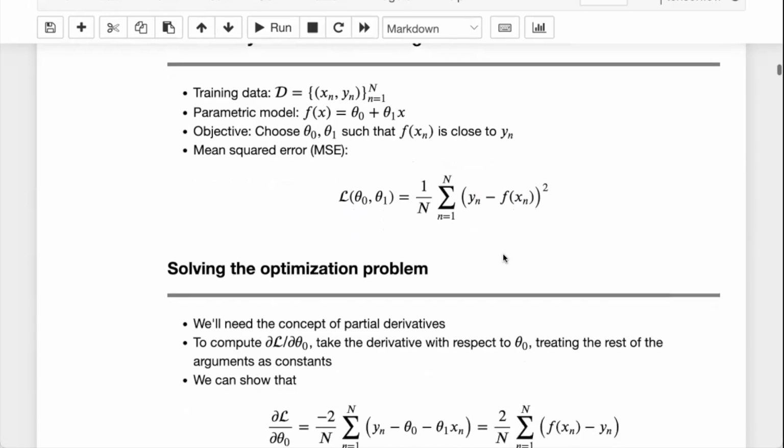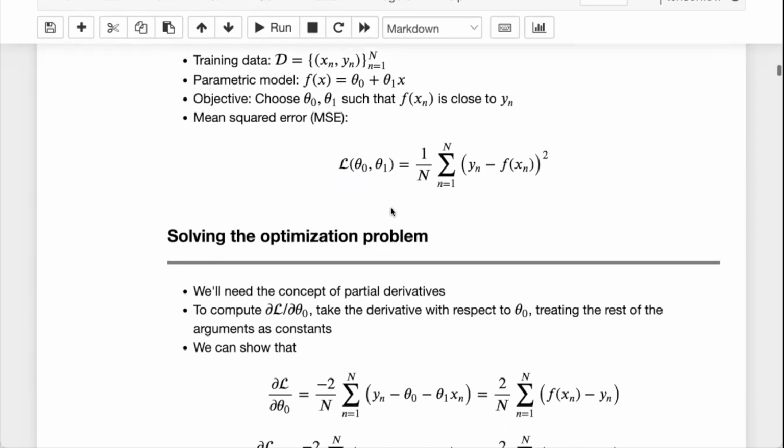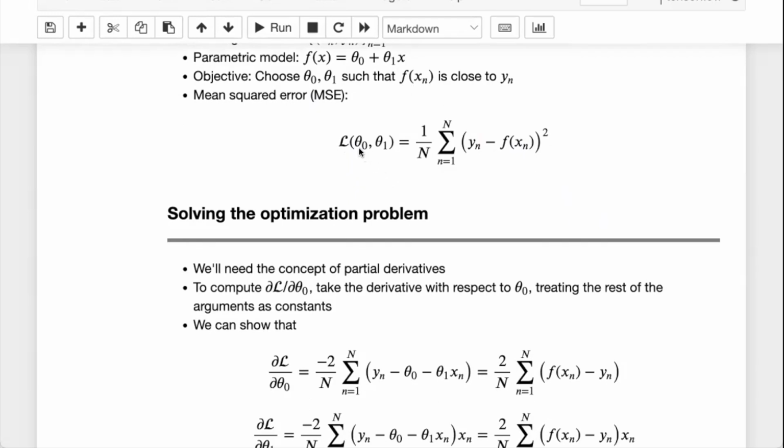In order to solve this problem, one thing that we have to keep in mind is that in this case, we have two optimization variables, theta 0 and theta 1.